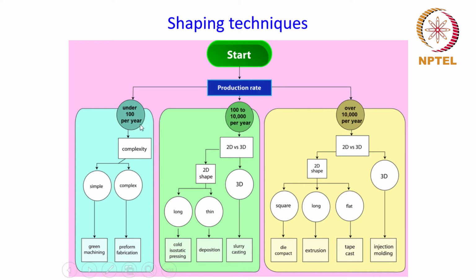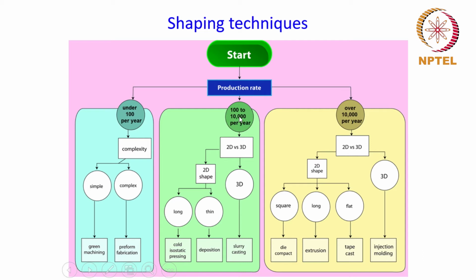If the production rate is under 100 per year, then depending on the complexity of the shape, a particular shaping process can be chosen. If the product shape is simple, then green machining can be chosen to shape it. And on the other hand, if the shape is complex, then preform fabrication will be needed.